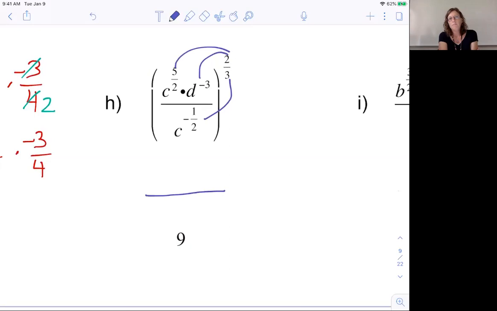These are some good math skills here, multiplying fractions. Hopefully you're using some mental math and not relying on that calculator.